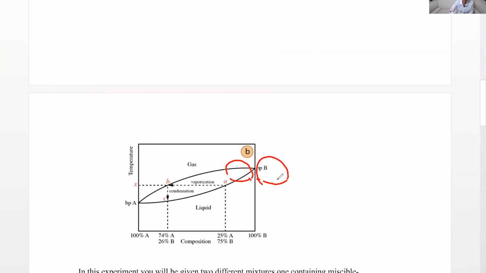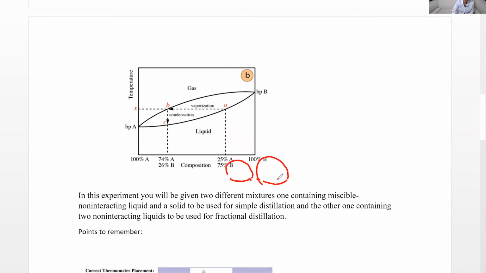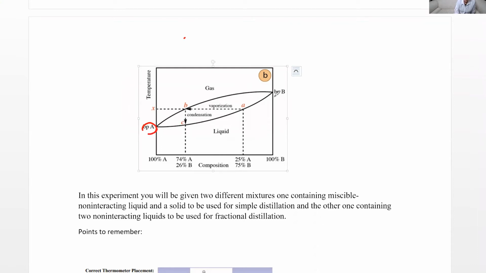So this diagram here shows how fractional distillation is working. It says that you have a compound B at the boiling point of B and a compound A with the boiling point of A. When you have a mixture, let's say 25% A and 75% B, it's going to reach the boiling point at temperature X, which is this point here, where the sample starts boiling.